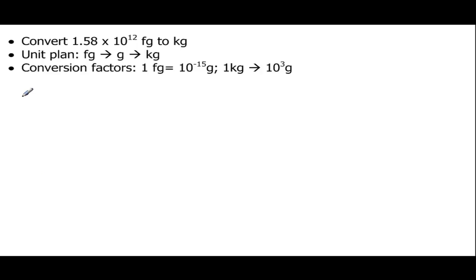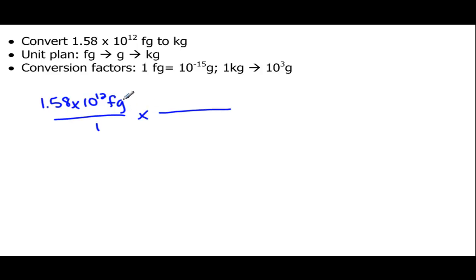All right, next example, 1.58 times 10 to the 12 femtograms to kilograms. So femtograms to grams to kilograms is our plan. We look in our conversion chart and we see 1 femtogram is 10 to the minus 15 grams, and 1 kilogram is 10 to the 3 grams. All right, so we want to go ahead and start setting things up. So we get 1.58 times 10 to the 12 femtograms.